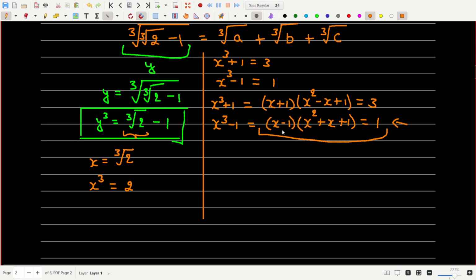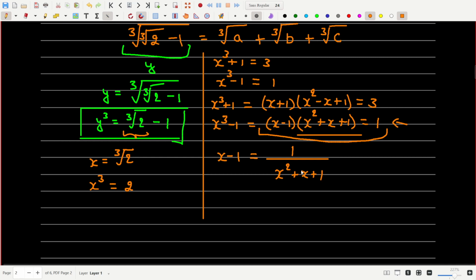Now if I keep x minus 1 on the left hand side and take the second term to the right hand side, I'll get x minus 1 is equal to 1 upon x square plus x plus 1.